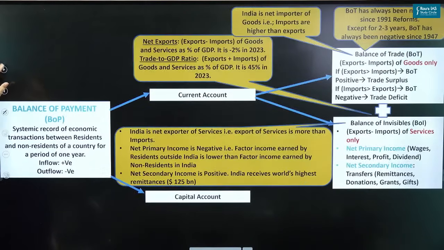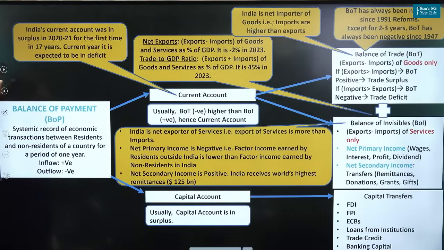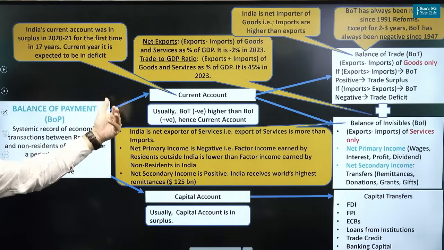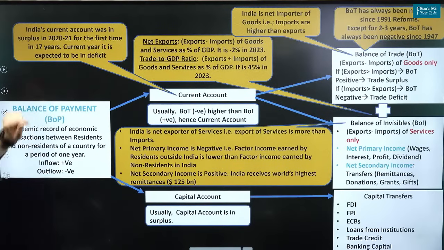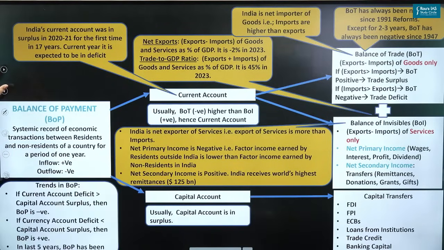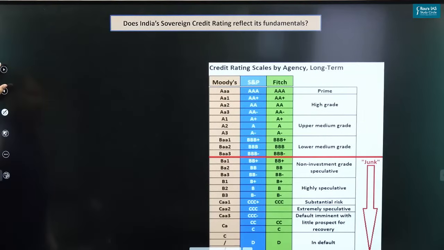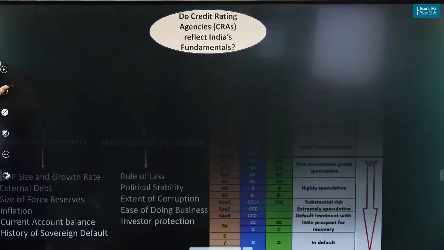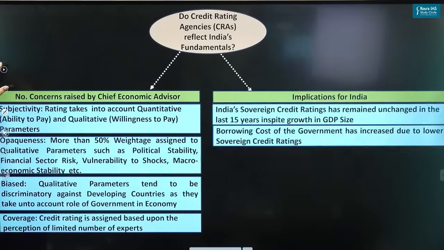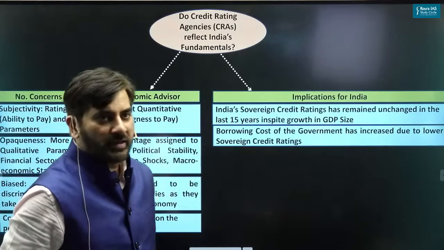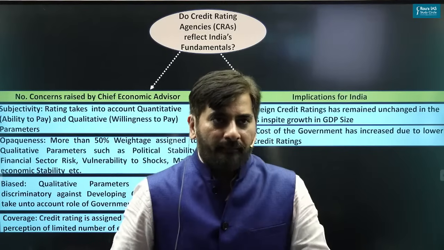You can see all of these points incorporated in one place, everything related to the external sector and the present status. And not just that, I've also incorporated this mains aspect, that is, does India's sovereign credit rating reflect its fundamentals? This is in the news, that is why it is important. So all of these things I've incorporated. This is more important from the perspective of mains.